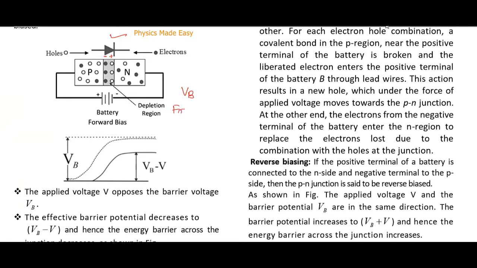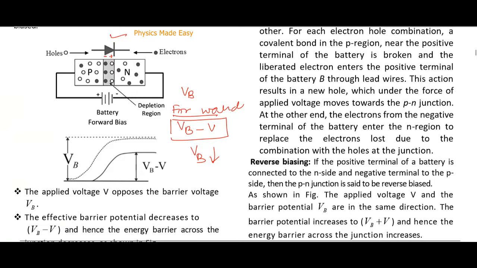After forward biasing, this is basically the potential barrier. So VB comes down after forward biasing. If VB comes down, it means current increases.